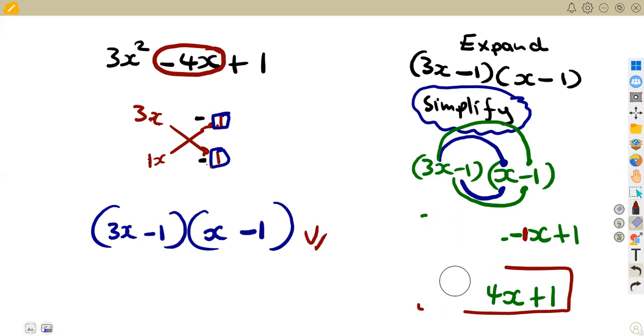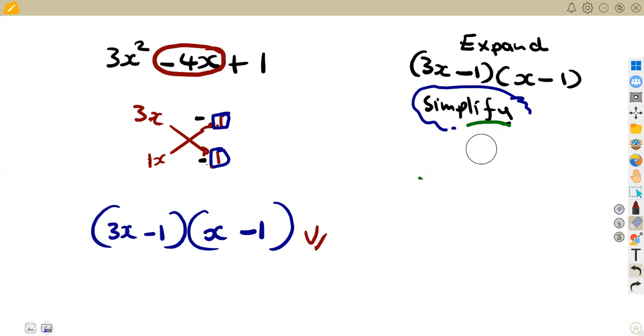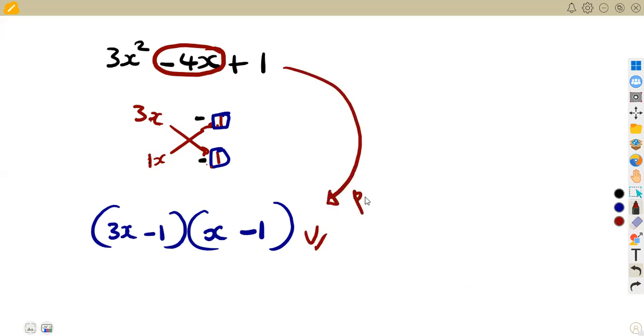So this is just a proof. It does not mean that whenever you're asked to factorize, you have to expand your brackets. No, you factorize. To factorize is to put in brackets. Remember, I told you to factorize is to what? To put in brackets. We are supposed to have our answer in brackets. To expand is to remove brackets.